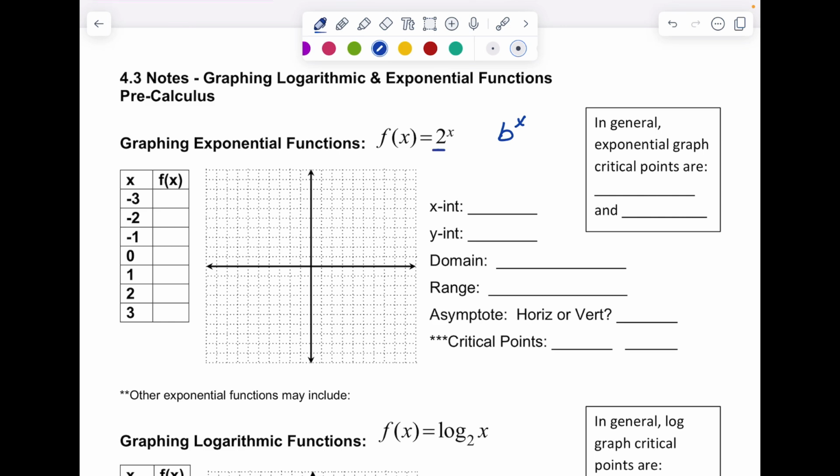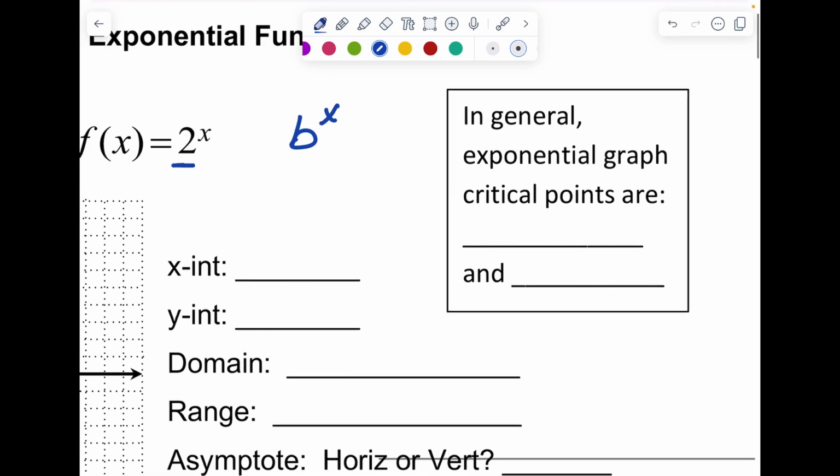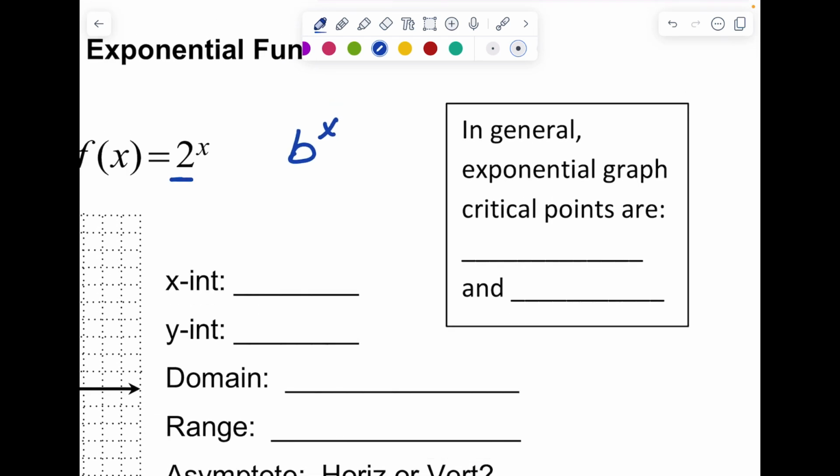Before we even start, we want to talk about critical points, which are kind of like the go-to points when you're starting a graph from its most basic parent form. Most of the time, in general, exponential critical points are going to be (0, 1), so that'll be a y-intercept, and (1, base), because whenever you raise any number to 1, it will be itself.